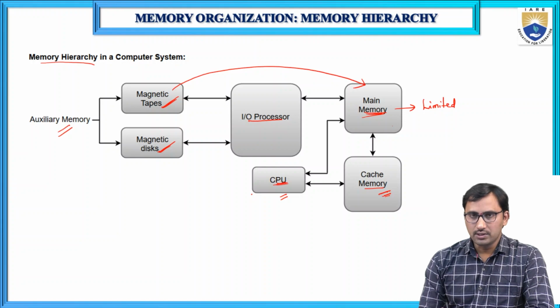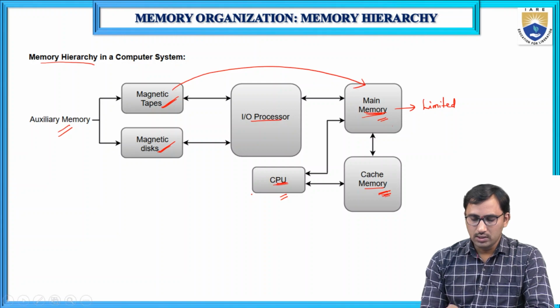If the CPU searches for the same data another time, first the CPU will check the cache memory. If the data is available in cache memory, the CPU can access the data directly from the cache memory. Otherwise, it will go to the main memory. So this is how the cache memory works in the computer system. And here we have the I/O processor.